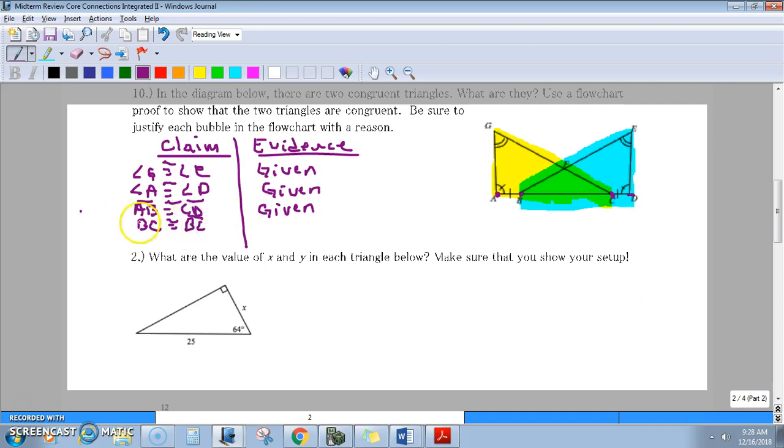And remember, what do we call that when it's the same line? We call that reflexive property. Cool. And what that means is AC is actually congruent to BD because BC plus AB is the same and BC plus CD has to be the same amount, right?